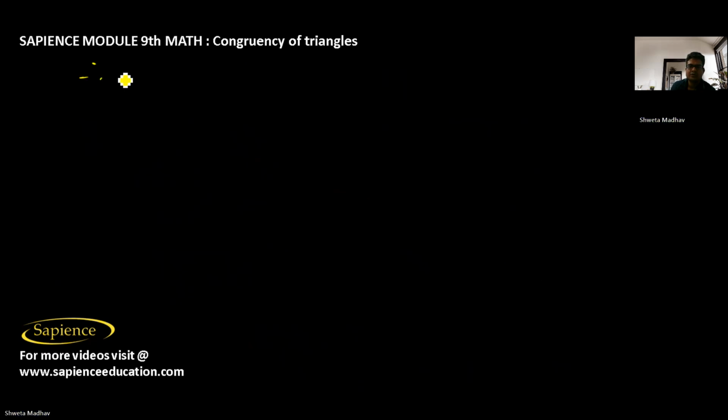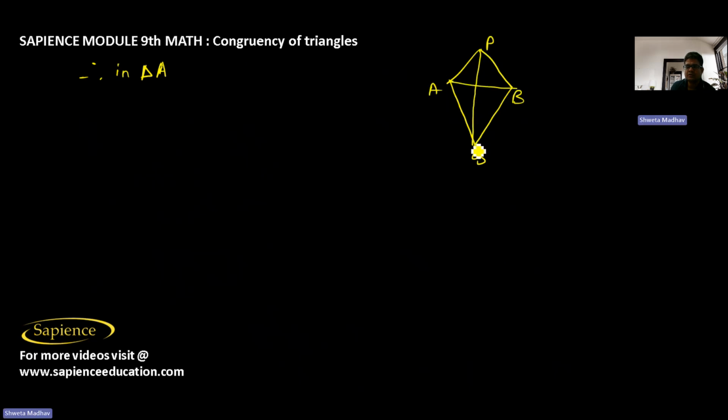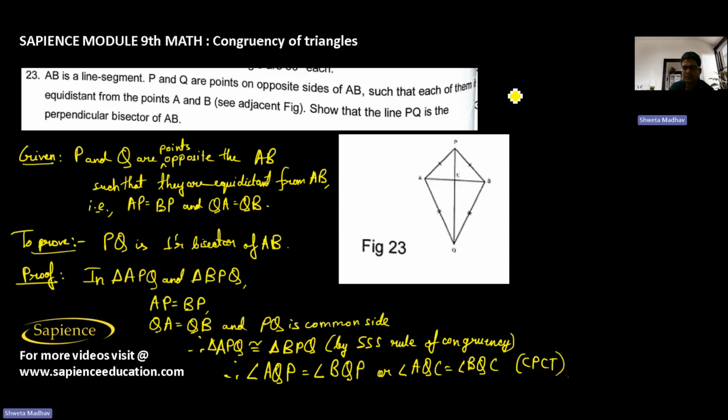So now the figure was like this. This was Q, this was A, this is P, and this was B. Here these two sides are equal, as given, and we have shown that these two angles are also equal by CPCT, that is AQC equal to BQC.